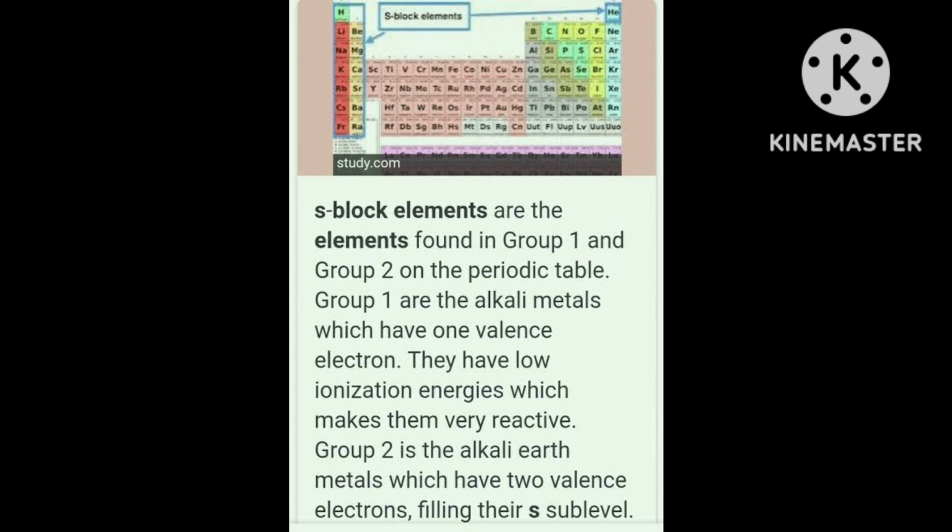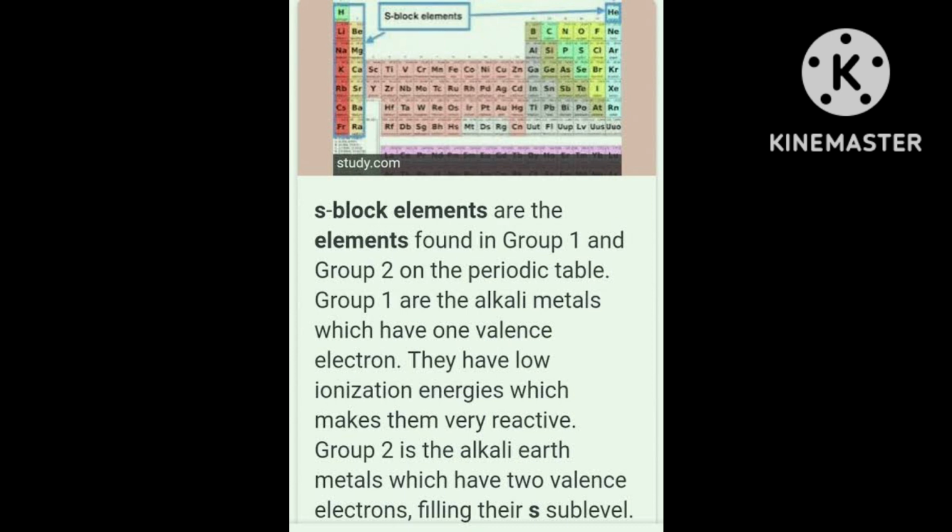All the alkali metals have one valence electron, ns1, outside the noble gas core. The loosely held s electron, here in the outermost orbit only one electron is there in the s orbital.